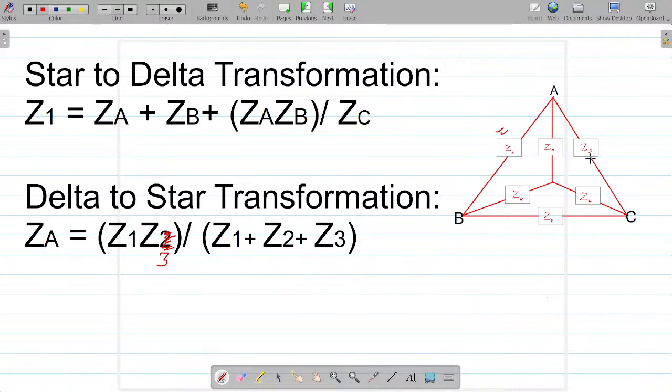ZA = Z1 Z3 divided by Z1 + Z2 + Z3. If I have to calculate this, I have to multiply these two impedances and divide by the sum of all impedances. This will give us the delta to star transformation. So these are the basic formulas to solve star and delta questions.